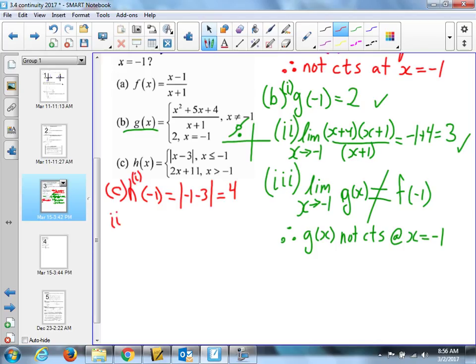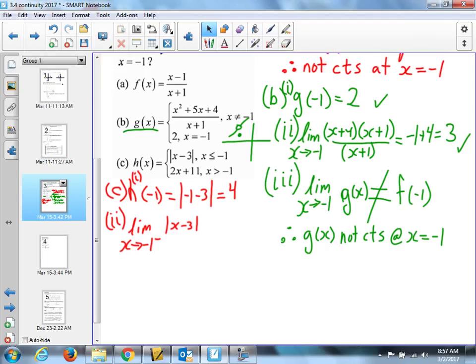Second condition. Does the limit exist, from the left and on the right? This is absolute value, so I'm going to be careful. I'm going to use a left and right, because I know something might be up. X approaching -1 from the left, for this portion of the function, you've got to use x minus 3.